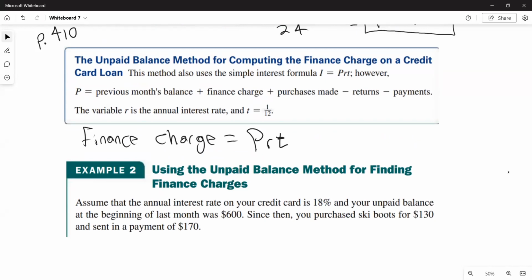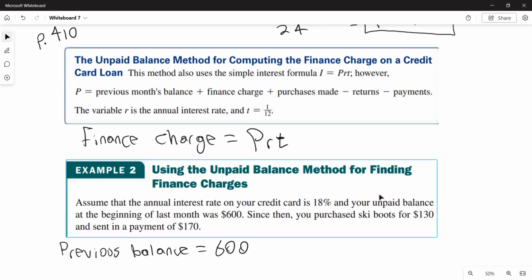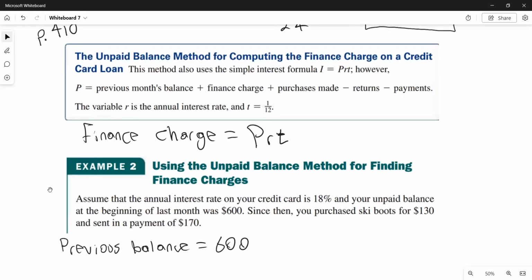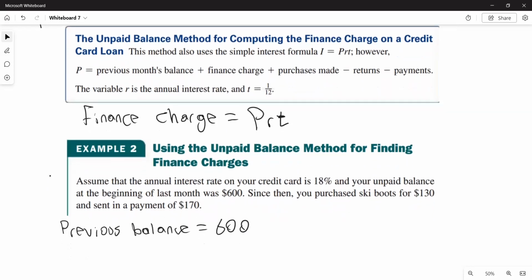So let's see what we know. The previous month's balance was 600. Then the finance charge is going to be computed with the simple interest formula.